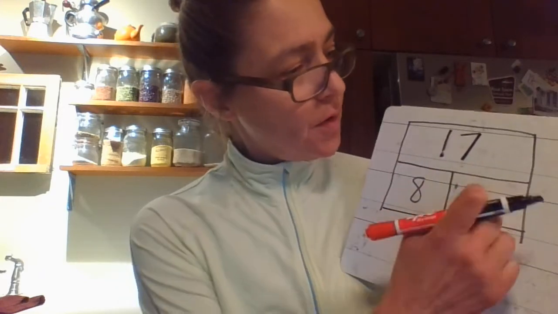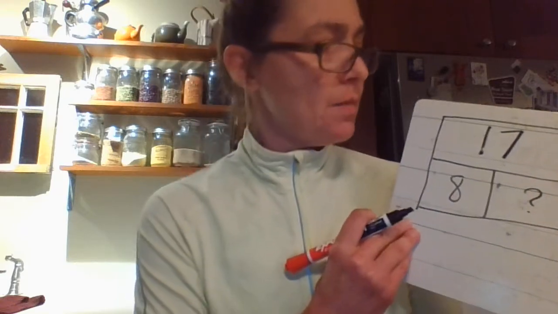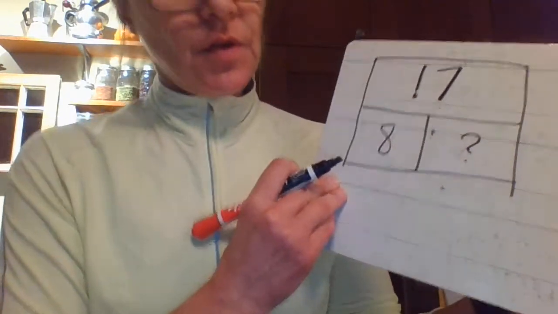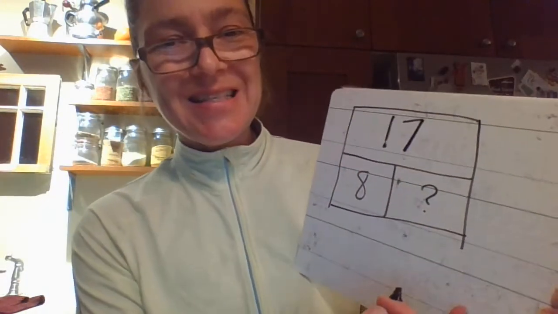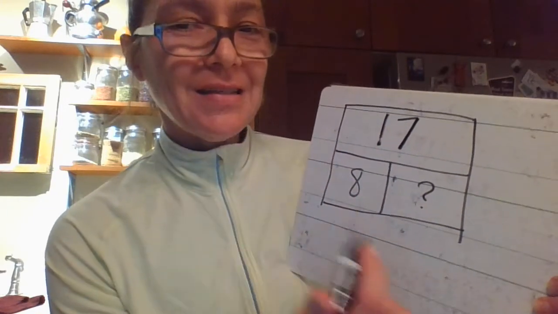And then they want you to know how many fewer books are on the table. How many fewer books are on the shelf, sorry. So you're going to be minusing to get this answer. But you can also add.